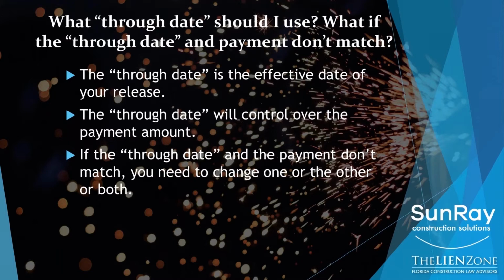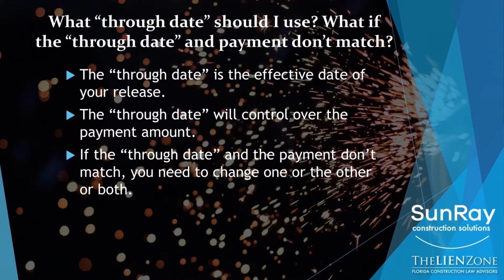They wanted to make a partial payment against the total balance, which was $80,000. But they wanted the through date to be the last day he did work on the job. Well, our client, the plumber, recognized the problem and said, well, I can't take a partial payment and give you a release that's through the end of the month. I can give you a release that matches the payment.